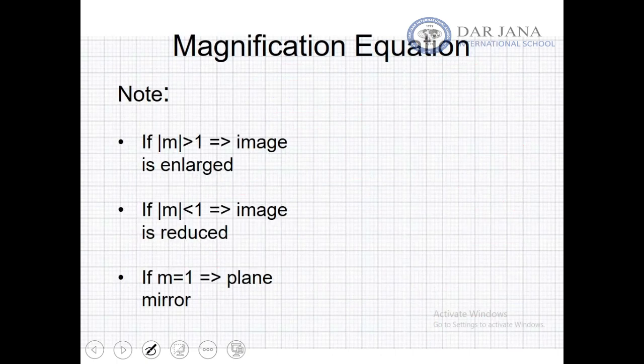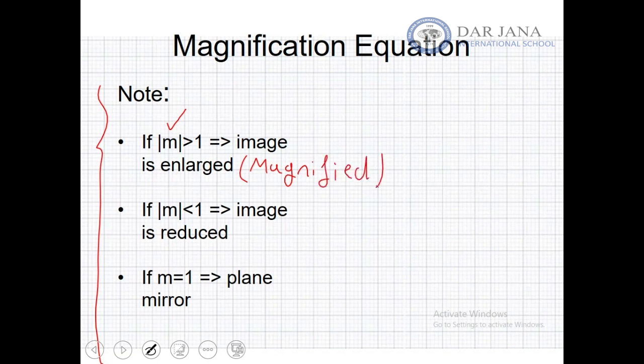Here we have some notes that are related to the magnification. Always, if the absolute value of m is greater than 1, this means that the image is enlarged, magnified.